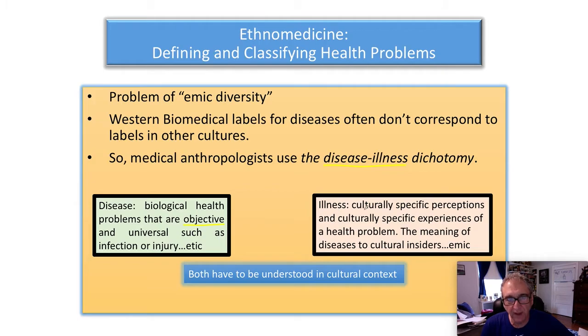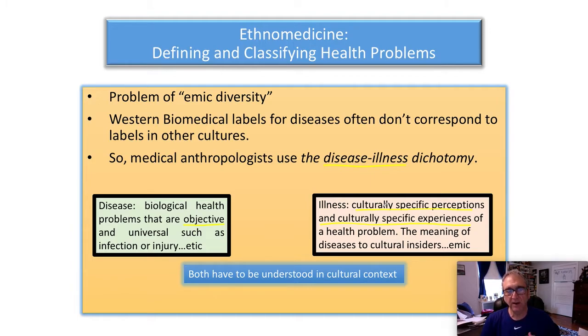So illness is a culturally specific perception and a culturally specific experience of a health problem. It's what the health problem means to the people who experience it within the context of their culture.